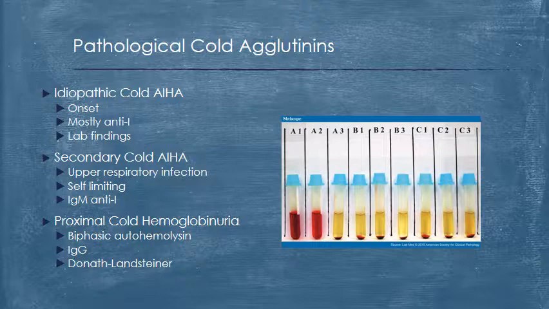The reagent that you use, the C3 specific. If you do a peripheral smear on these patients, you're going to see agglutinated red blood cells. You're going to see polychromasia, mild to moderate anisocytosis, as well as mild to moderate poikilocytosis. And the hemolysis that can occur doesn't usually rise to the level of you needing a transfusion.